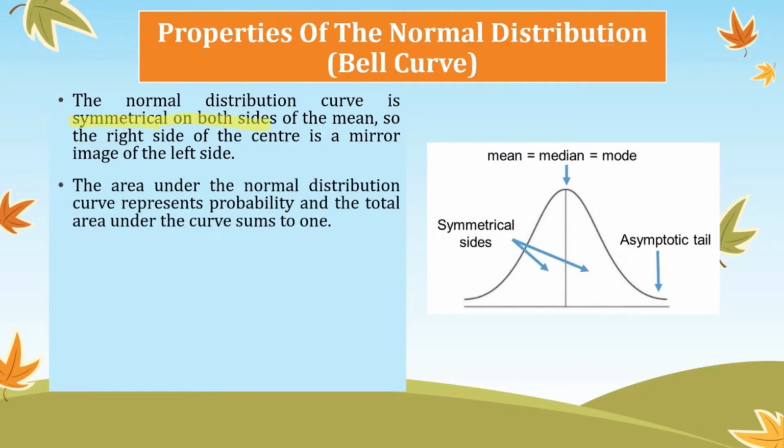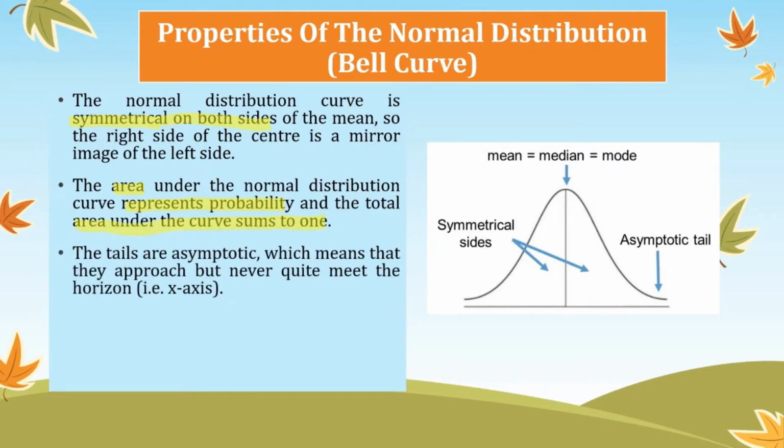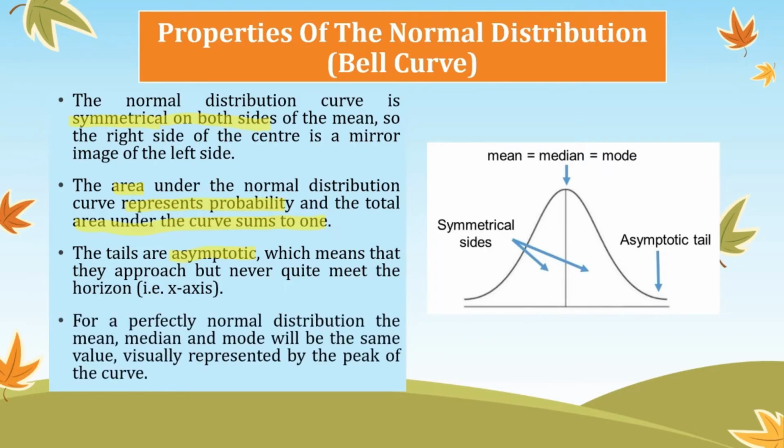The area under the normal distribution curve represents probability, and the total area under the curve sums to 1. The tails are asymptotic, which means that they approach but never quite meet the horizontal axis, the x-axis. For a perfectly normal distribution, the mean, median, and mode will be the same value, visually represented by the peak of the curve.